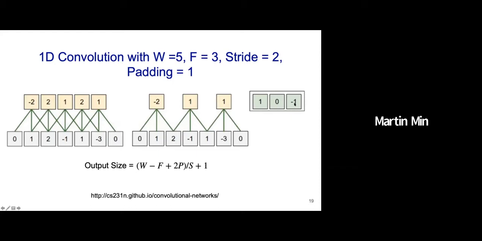The input size of the image is 5, we do padding on both sides, the length of the 1D kernel is 3, and the stride is 2.